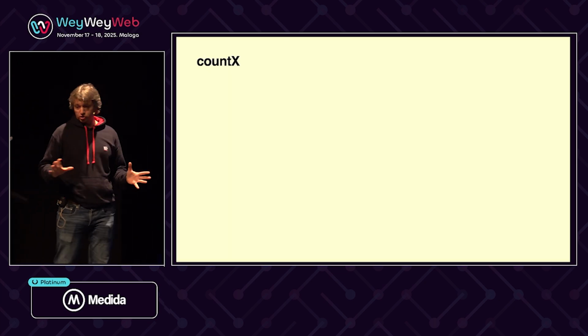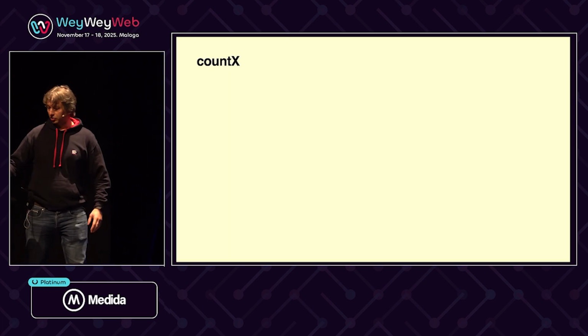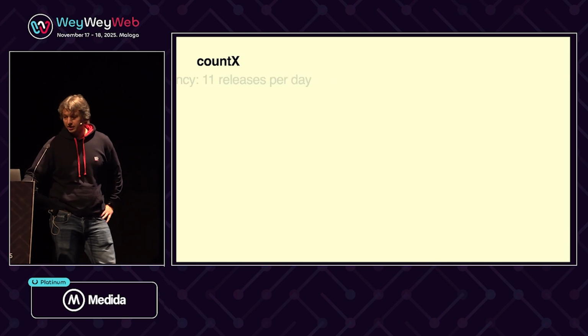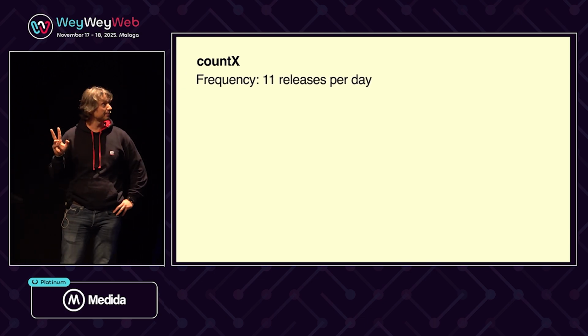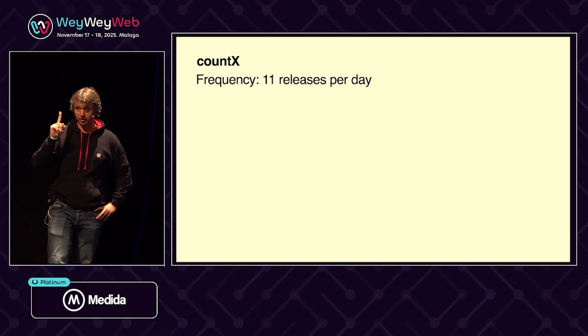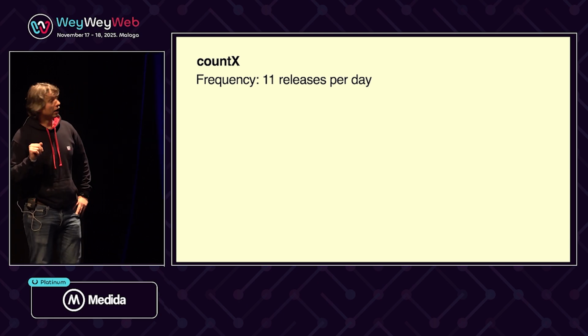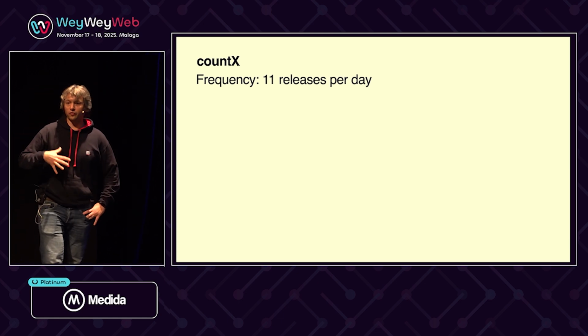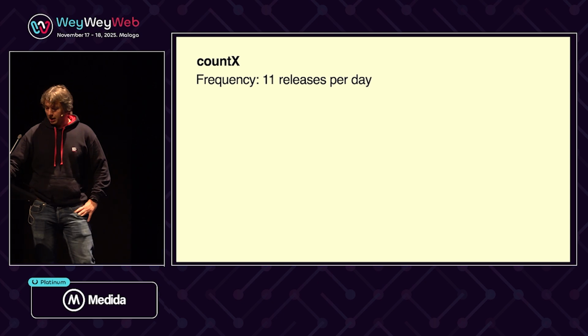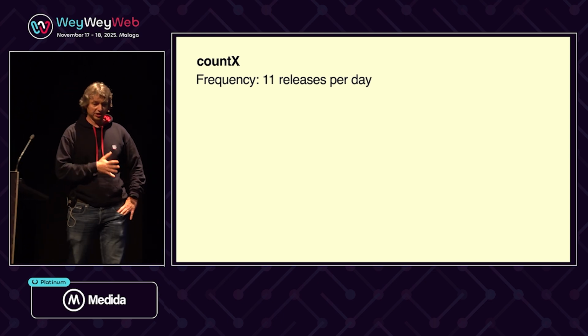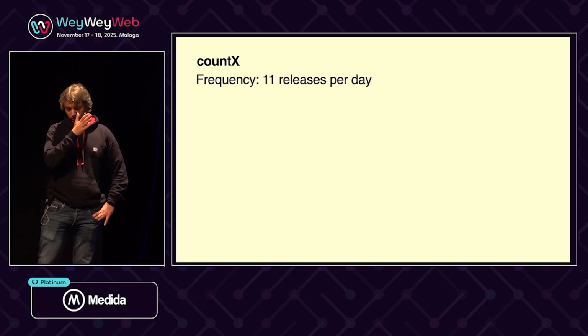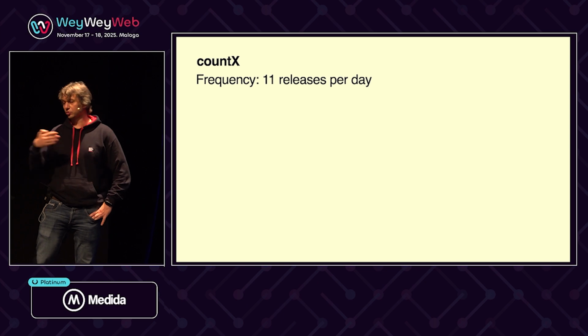So let me also share some numbers on what it meant in context. We would make, on average, 11 releases per day. And this is with a single product team, I will remind you. That directly converts into shorter lead times, meaning the time needed for a ticket to go from selected for development to complete.